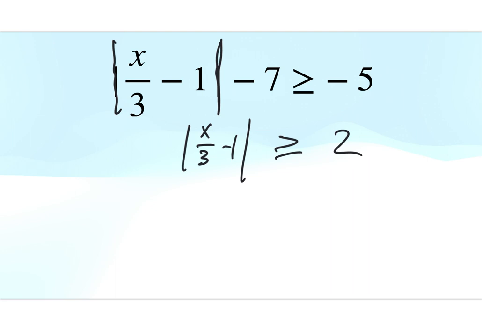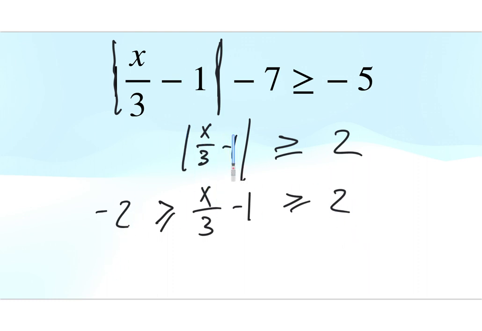Then, when I drop the absolute value, I have to include the other end, which is the sign pointing in the same direction. And whatever's on this side is negative on that side. How come?